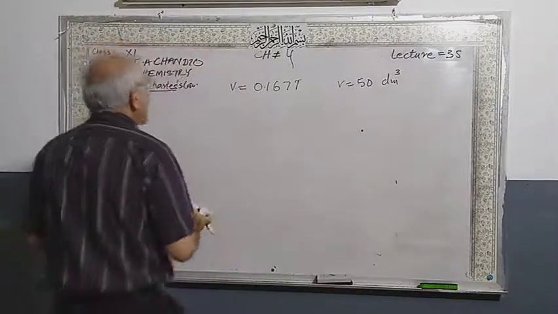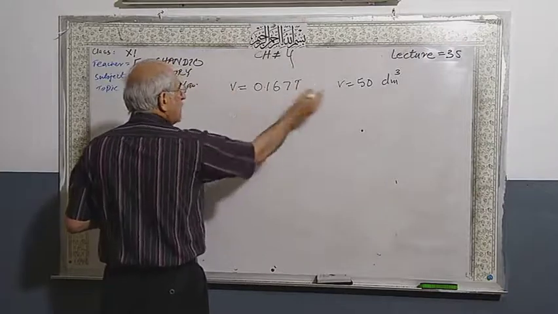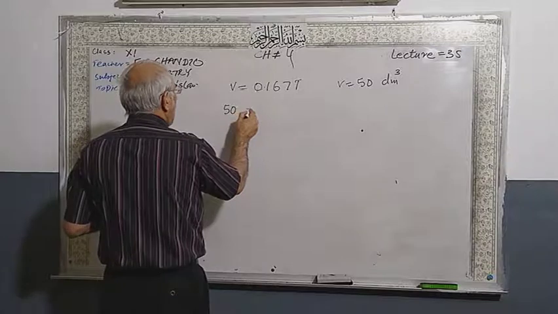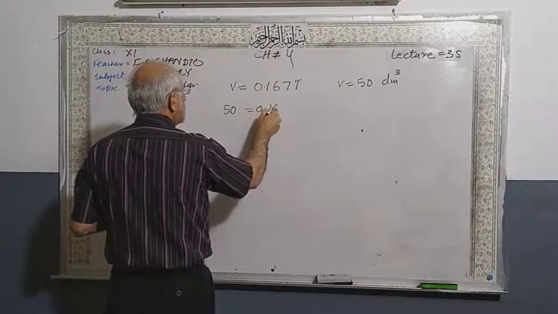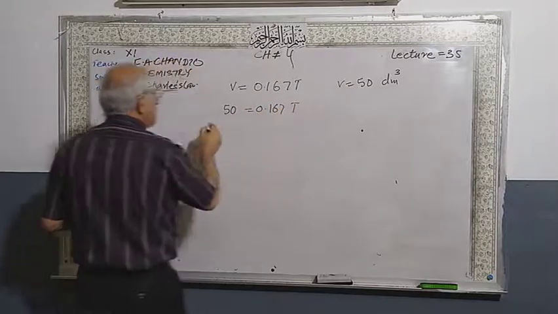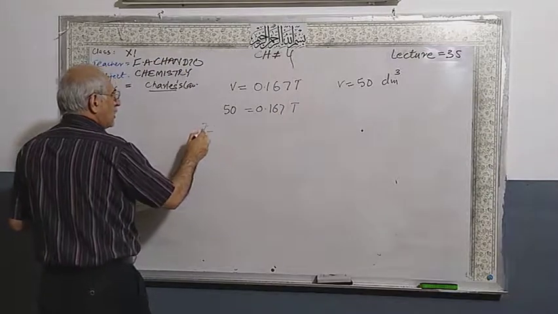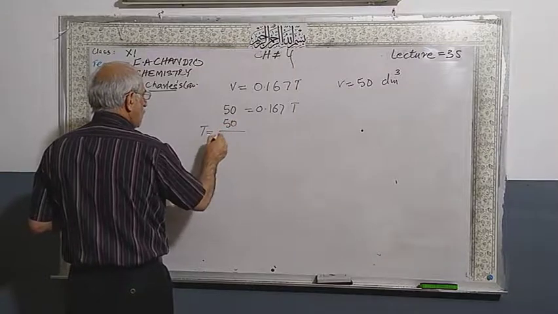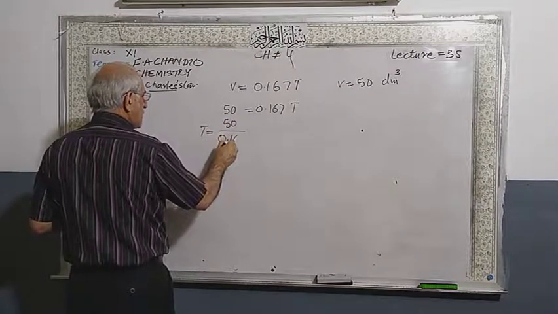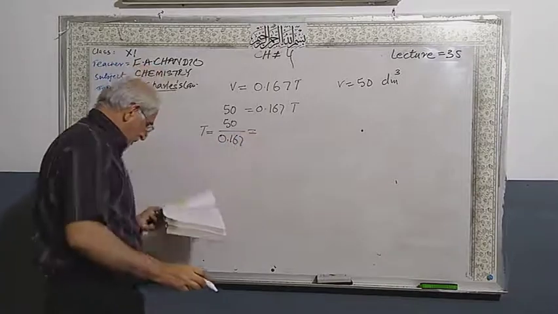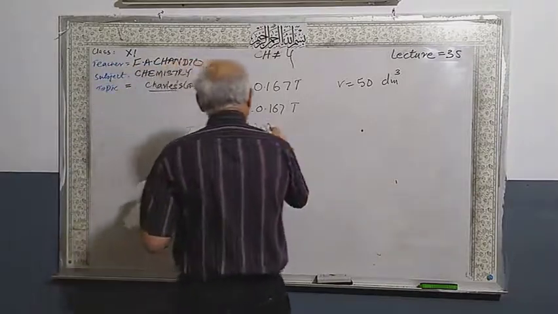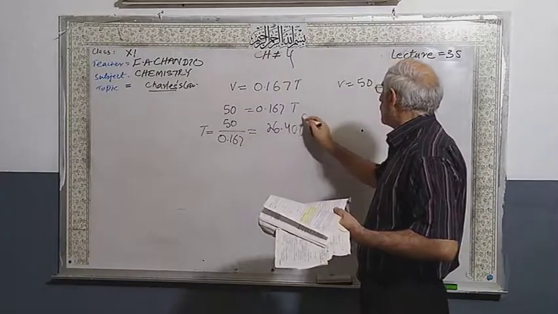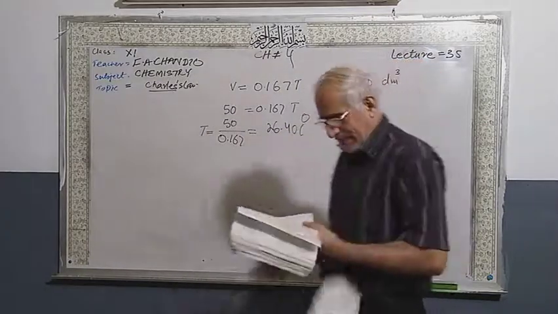So the volume is 50 decimeter cube and 0.167 T. If I am going to take out the temperature, then 50 over 0.167, the answer comes about 26.40 degrees Celsius.